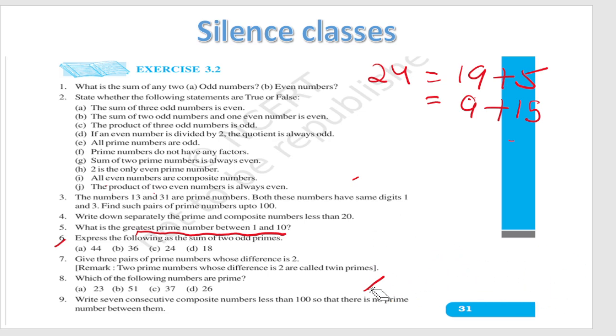And if I want I can also take 3 plus 21, which is also 24. Now the number given to us is 18. Now 7 plus 11 is 18.